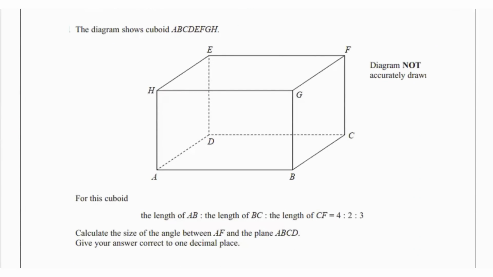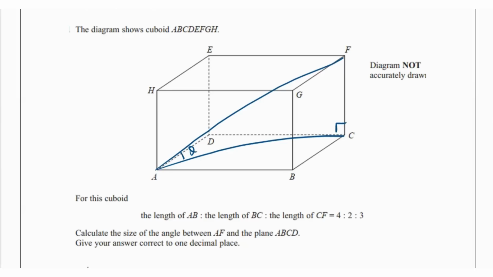Then this diagram shows the cuboid ABCDEFGH. For this cuboid, the length AB to the length of BC to the length of CF is 4:2:3. We have to calculate the size of the angle between AF and the plane ABCD. So this is AF. We have to calculate this angle basically.